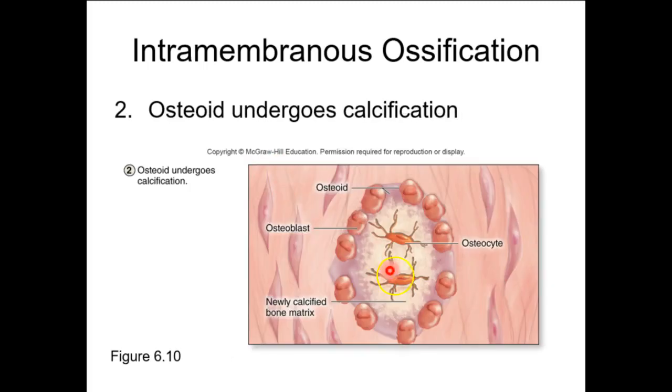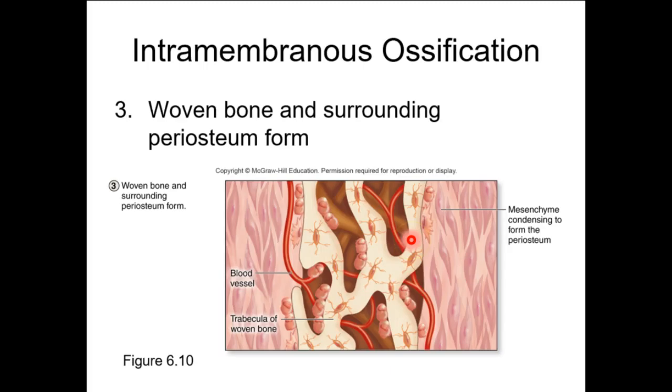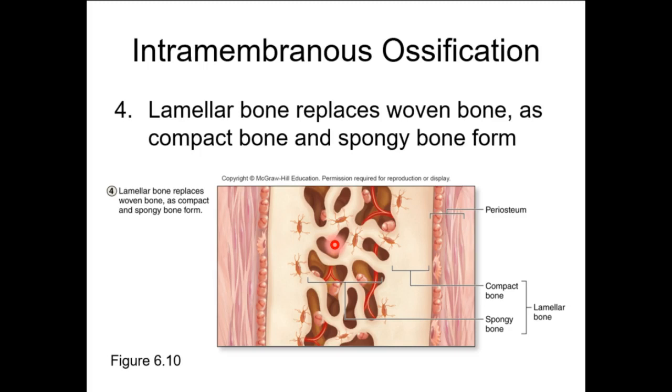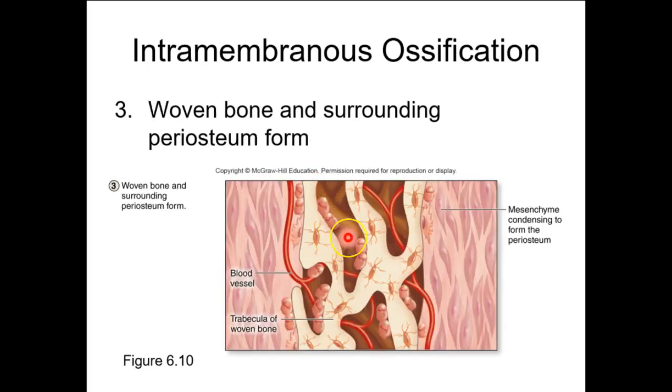We're going to have osteoblasts forming the matrix, osteocytes maintaining it. And recall that we are replacing this woven bone ultimately with lamellar and spongy bone. So we do have a constant remodeling process, which means osteoclasts, our cookie monsters, are breaking this down continuously and reorganizing it as it develops.